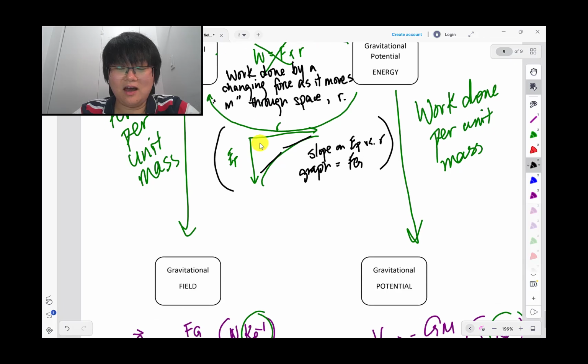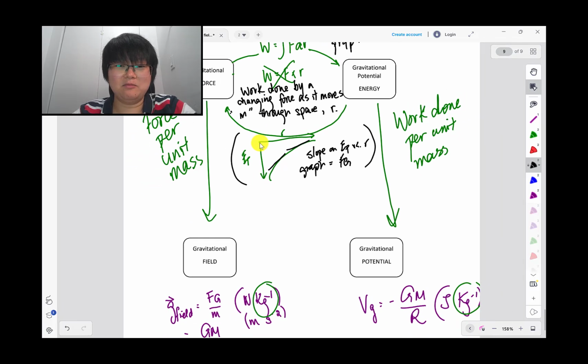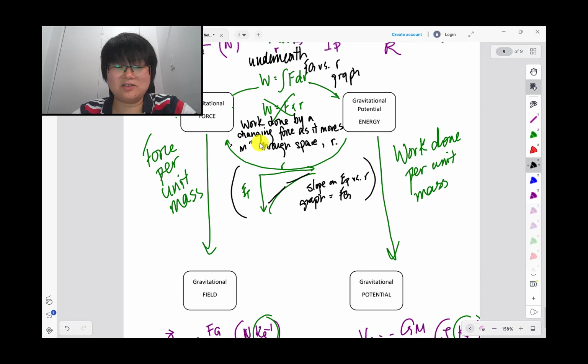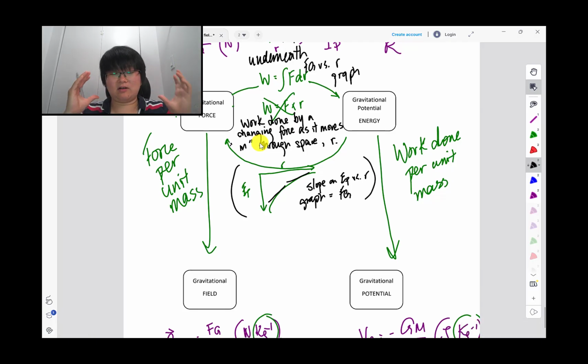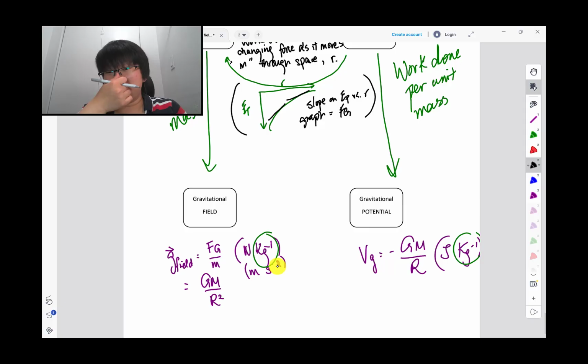The other link that I think is more important here is basically the crux of equipotential lines, which is the link between gravitational field and gravitational potential. This is where we talked about the contour maps.